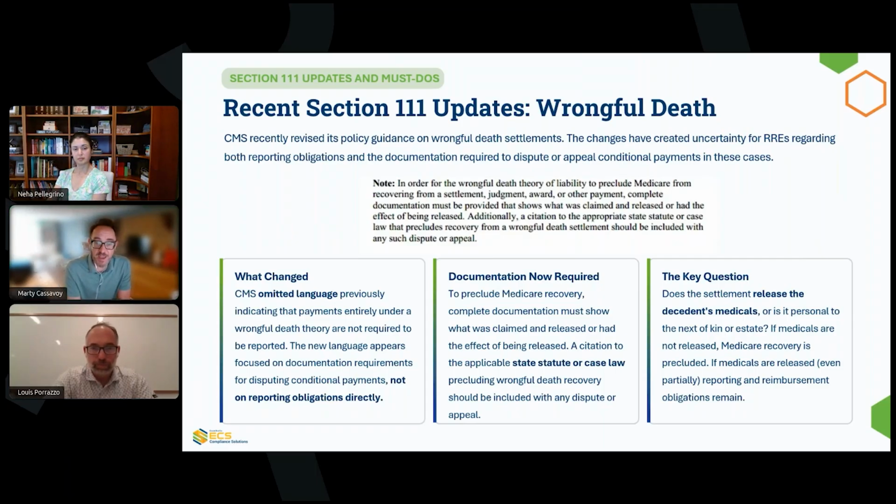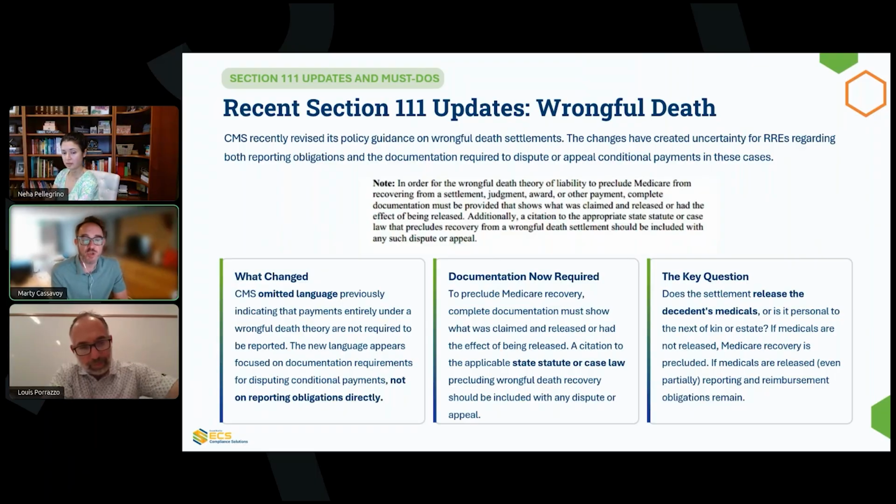That's important. What they're saying is, when you file an appeal or dispute on a conditional payment that might exist following wrongful death, you want to provide citation to the state statute or case law precluding wrongful death recovery. Honestly, this is really frustrating.